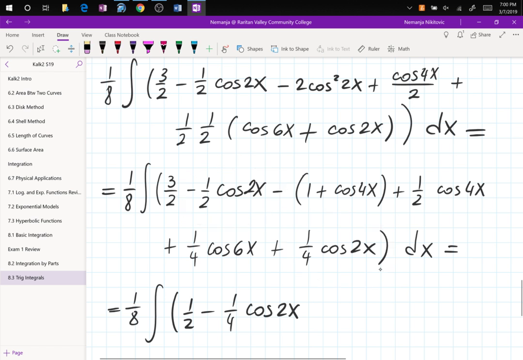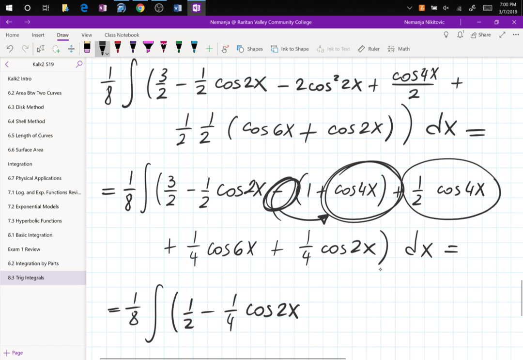I have a negative cosine 4x and a positive 1/2, so that's going to be negative 1/2 cosine 4x. And finally, plus 1/4 cosine 6x dx.